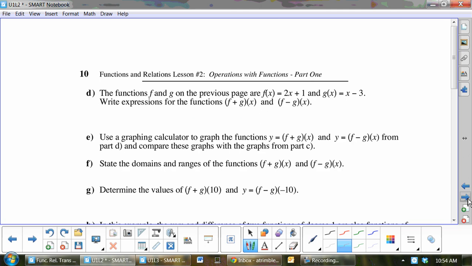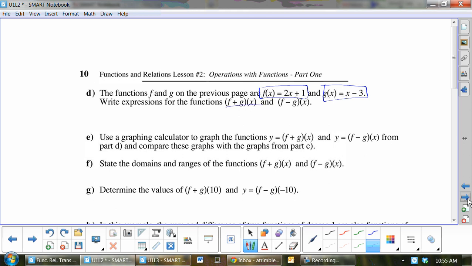Now, they were nice enough after to give us what the equations were. You don't need the equations to draw the lines. That's what I just showed you. But if you do know the equations of f of x and g of x, write the expressions for f plus g of x.